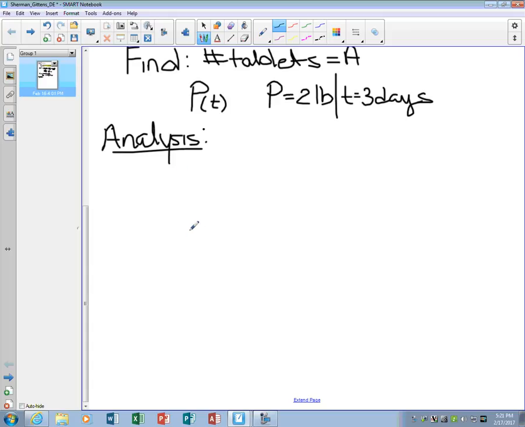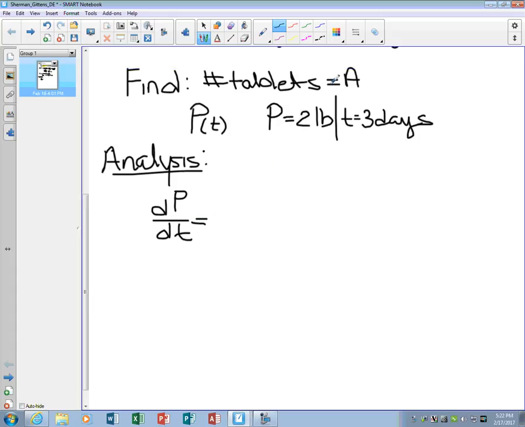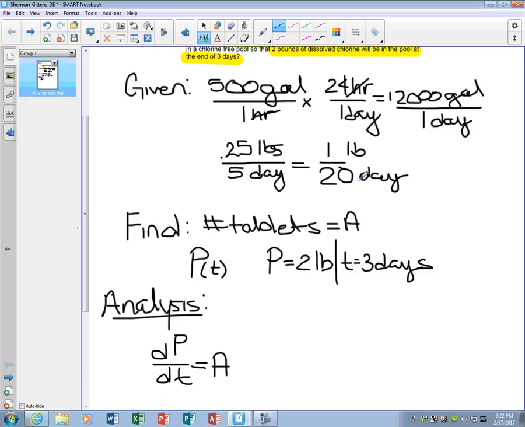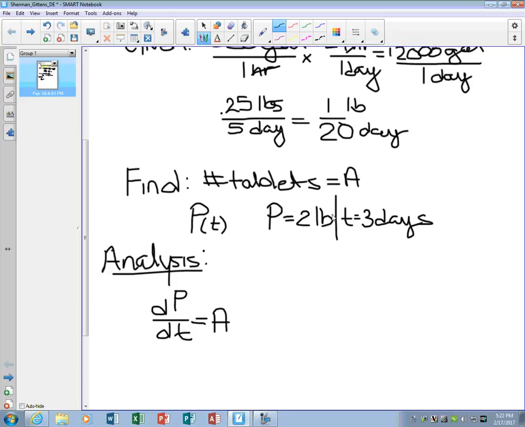Now P of T can be represented as dP/dt. We need the number of tablets, and we know that it dissolves at a rate of 1 pound per 20 days.